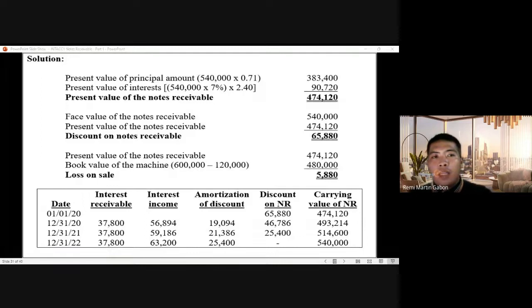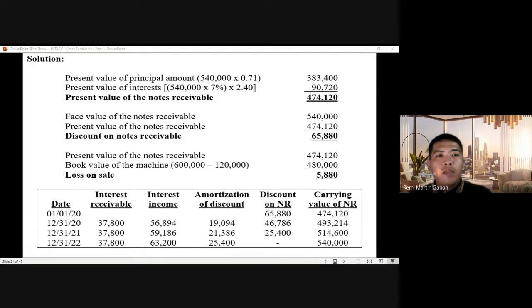So yan. Present value of the promissory notes is 474,120. Then the difference of the face value, 540,000, and present value of the notes receivable, 474,120, is treated as discount on notes receivable: 65,880.